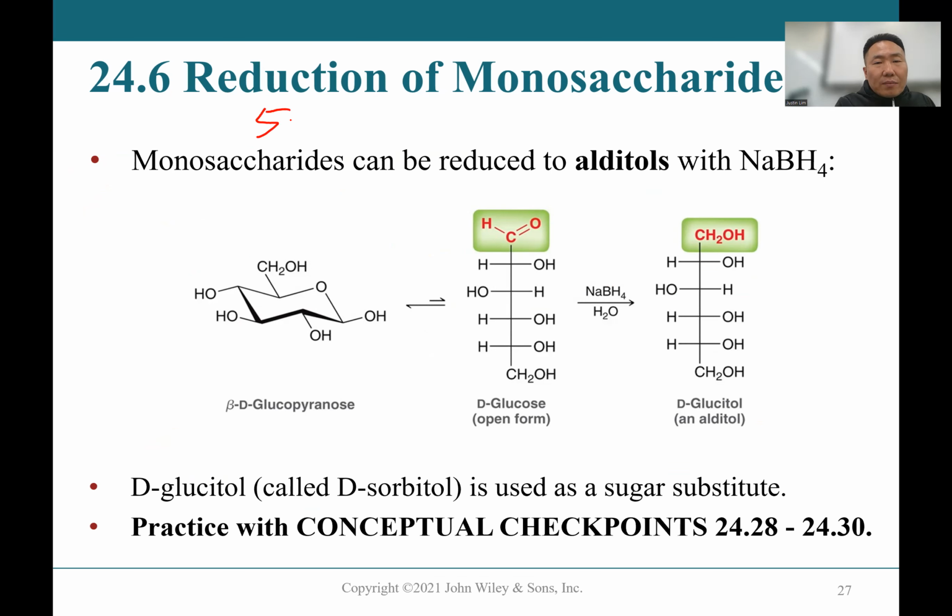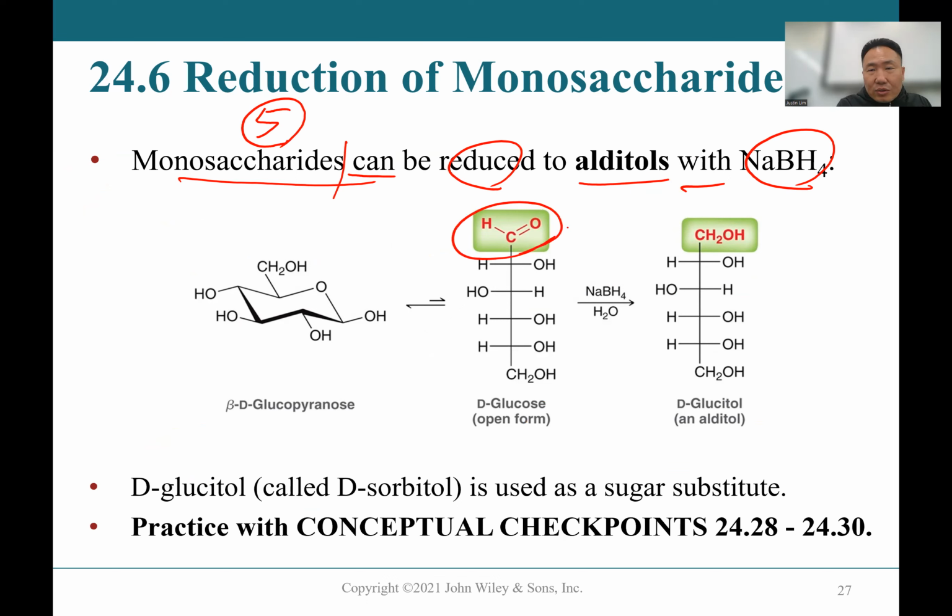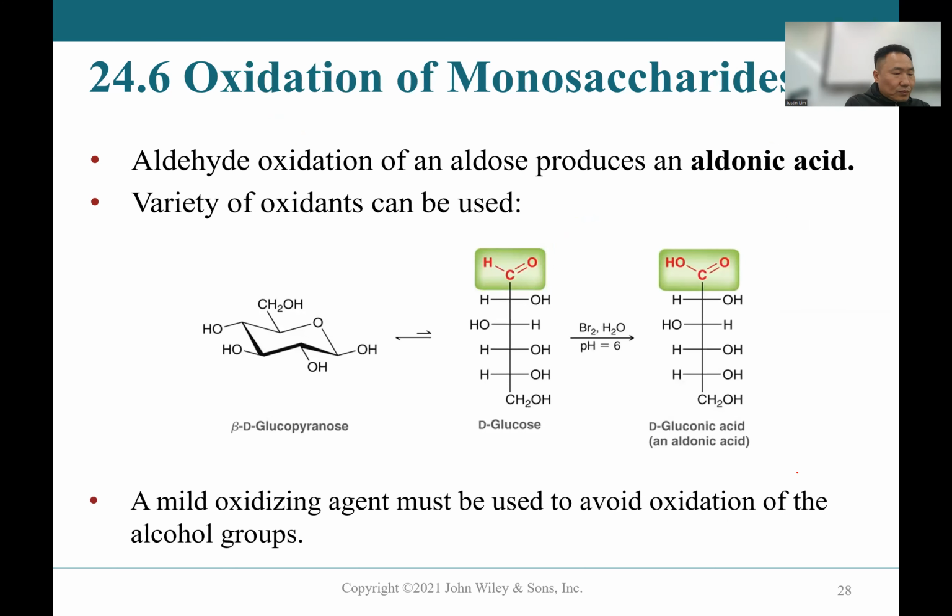Reaction number 5, reduction of monosaccharide. Monosaccharides can be reduced to alditols with sodium borohydride. So aldehyde to primary alcohol by using reducing reagents. D-glucitol is used as a sugar substitute. And reaction number 6, oxidation.